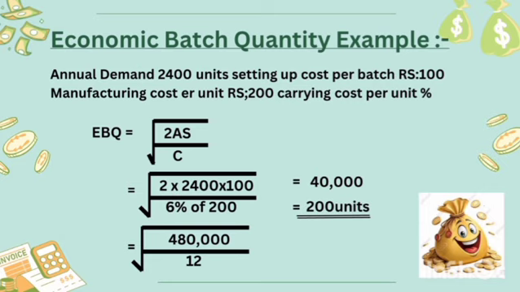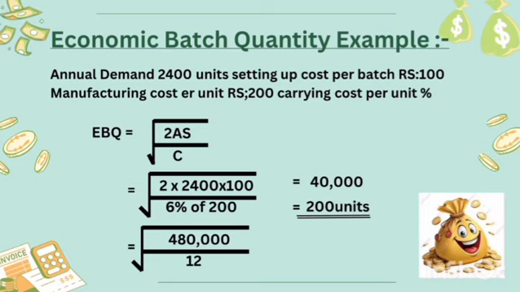EBQ equals root of 2AS divided by C. So 2 into 2400, and setup cost per batch 100 rupees, divided by 6% of 200. 6% of 200, we calculated, was 12. 2 into 2400 into 100 equals 480,000. 480,000 divided by 12 equals 40,000.